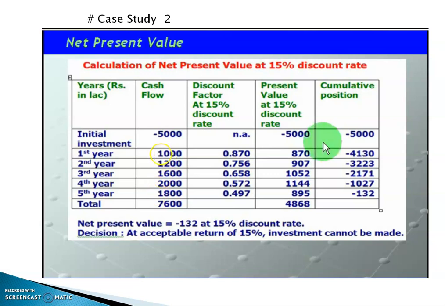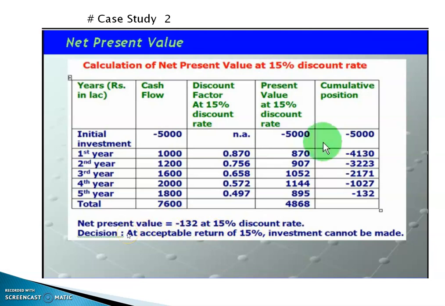Here the initial investment is 5,000 and the discount rate is 15%. After calculating, we get NPV equal to minus 132, which is less than 0. Here the net present value is minus 132 at a 15% discount rate.